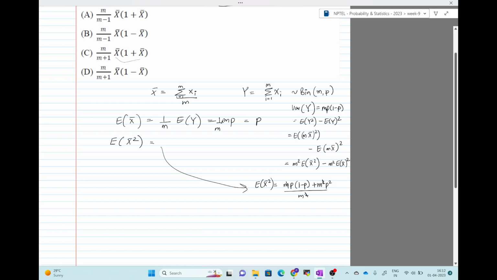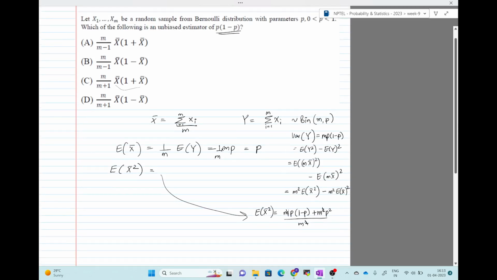E of mx bar would be fine, but E of x bar is what we are supposed to take, because the variance of x bar we are taking into consideration. E of x bar square is equal to variance of x bar plus E of x bar whole square, right? Yes, sir.